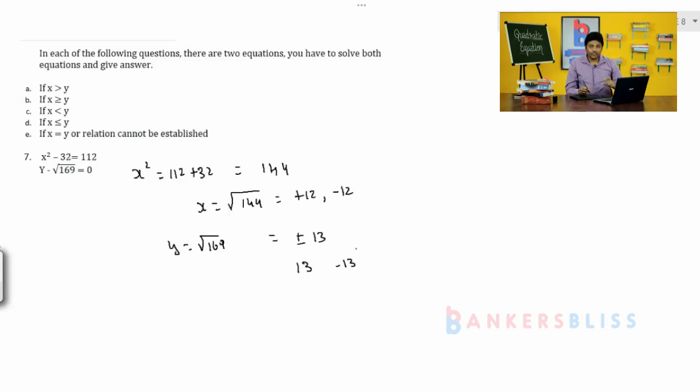So, here if you observe properly, 12 and 13, 12 is less, 12 and minus 13, 12 is greater, minus 12 and plus 13, minus 12 is lesser, minus 12 and minus 13, minus 12 is greater. So, it is very difficult to identify the relationship. Therefore, option E, relation cannot be established, is the right answer.